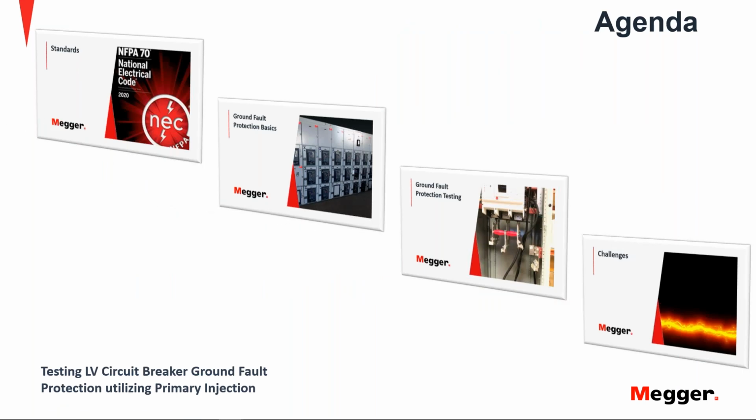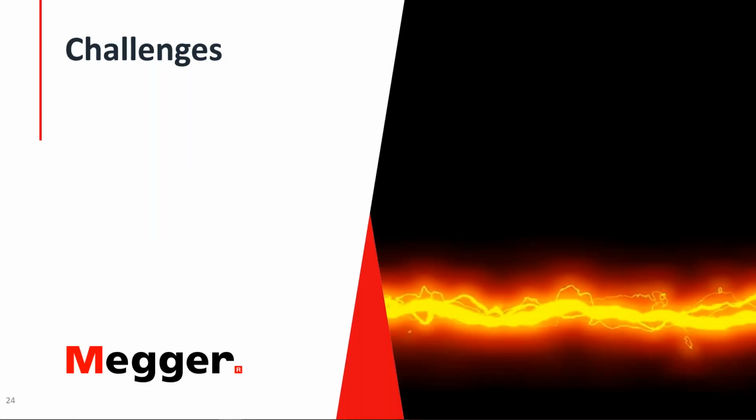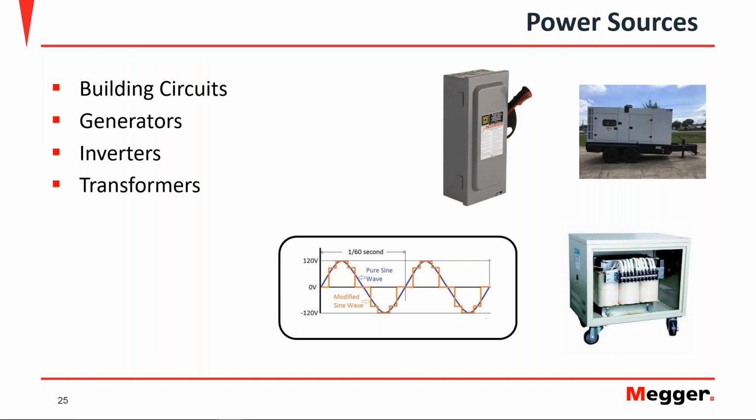So what are the challenges? It sounds pretty simple, but what are the challenges that we will face in the field when we are performing these measurements? First, the power source for our instrument. Ground fault protection testing is probably special in the sense that, yes, we need a primary injection instrument, and we're going to look at that at the very end of the session.